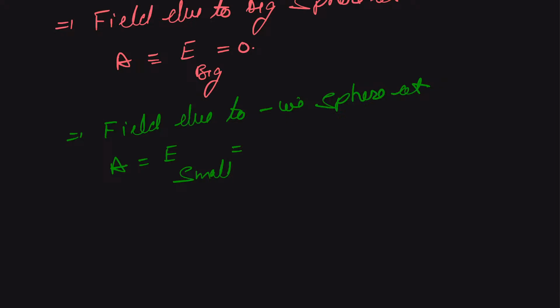Then this E small will be equal to rho upon 3 epsilon naught times R, and R is our distance, that is A by 2. So this comes as rho A upon 6 epsilon naught.